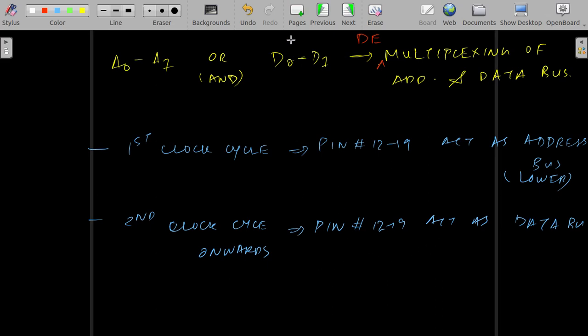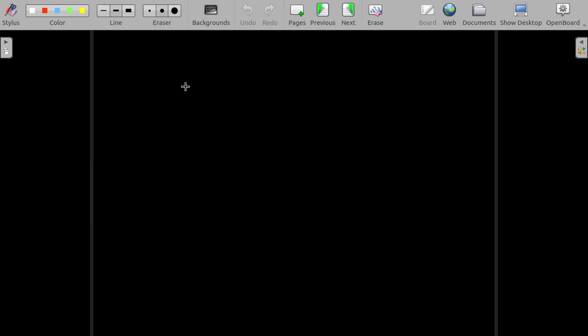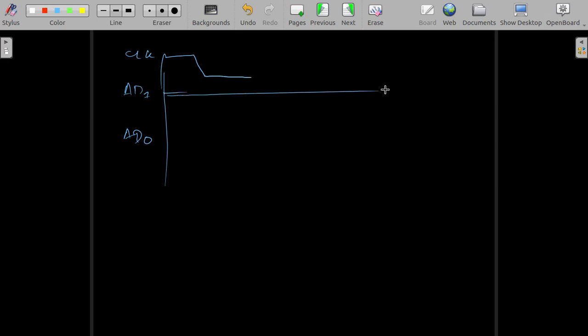So if we just draw AD7 to AD0, and we have a clock here. Suppose this is the first clock cycle, and we have our data here. Let's just redraw that.